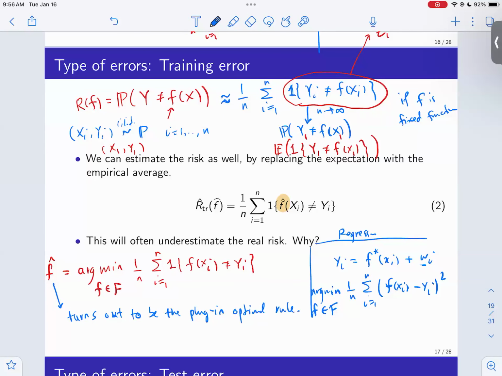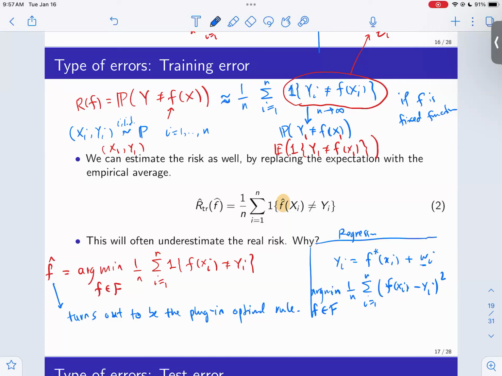But if you really know that yi has noise, you really don't want to perfectly fit it, because you know there is a component of noise there. So if you perfectly fit it, you not only fit this part, you also fit this part. And you don't want to fit this part. So if you fit that part perfectly, then you'd expect that in future data, because that part is going to change, you're going to probably pay a price. These are heuristic arguments. They're not exact, but that's the idea.